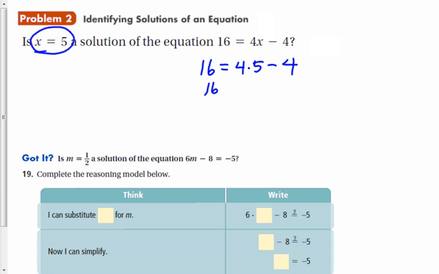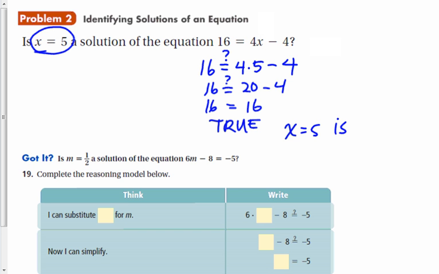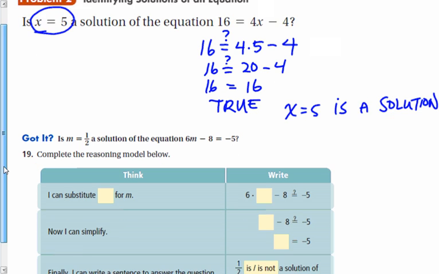And then we're just checking to see if it's true. I'll put a question mark there for now and simplify it down, and I see that we get the same thing. So we know this is true, so x equals 5 is a solution. All right, you can try that.